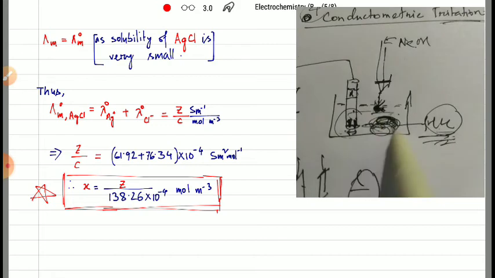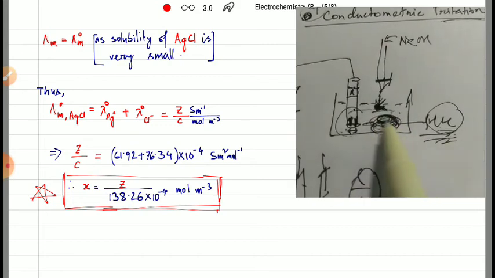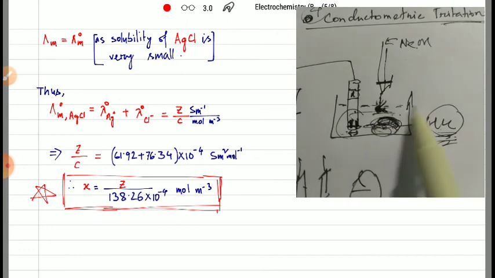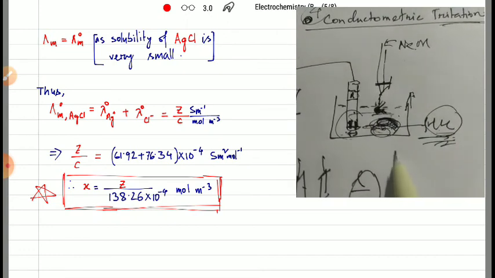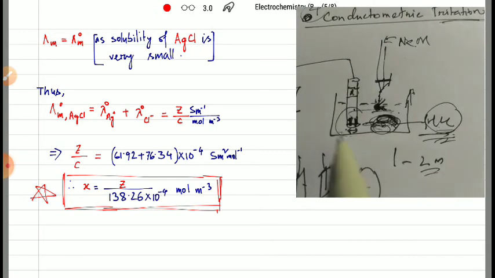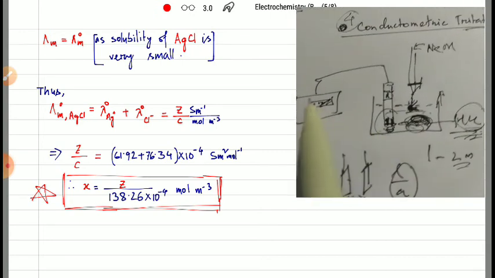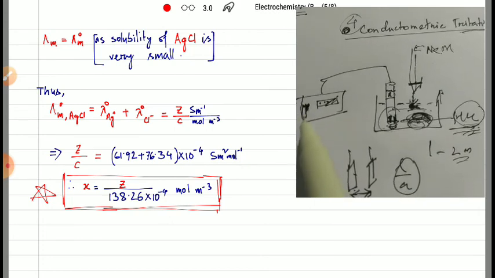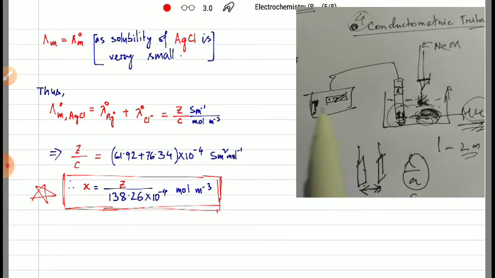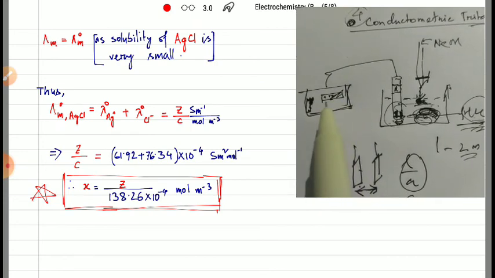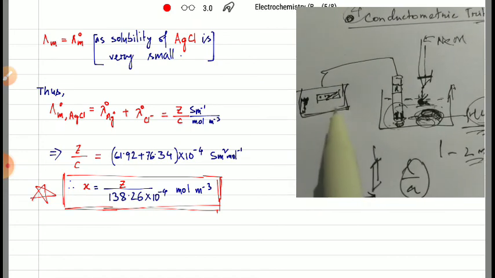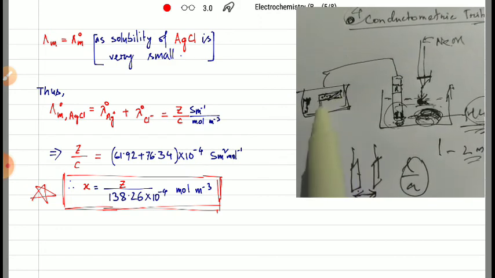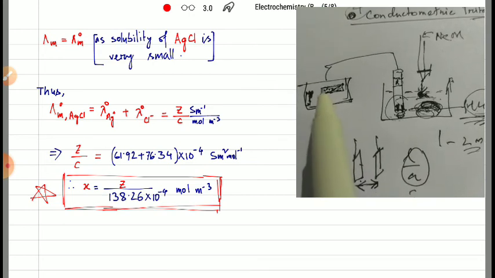So for that process we have to stir this to mix it properly, and after mixing we have to wait for 1 to 2 minutes. Then we're going to take the reading by switching on the instrument. When we switch it on, we're going to get some resistance value here, and also sometimes some conductance value.